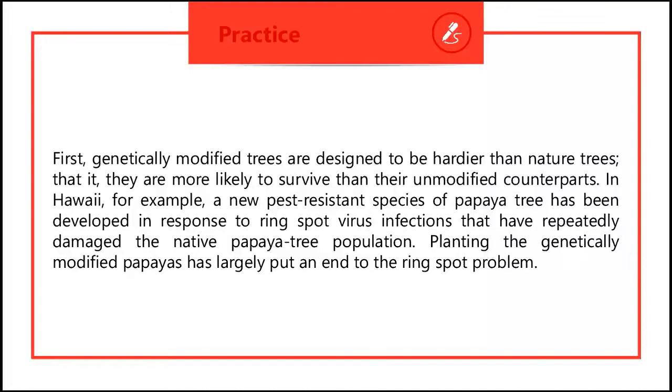So basically you now have to paraphrase and summarize the first sentence, where the most important information is hidden. First, genetically modified trees are designed to be harder than natural trees.